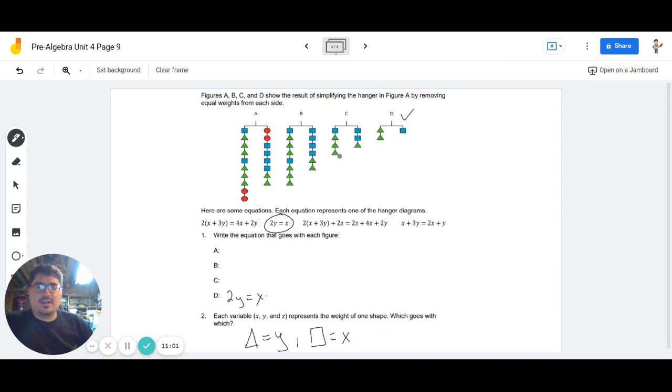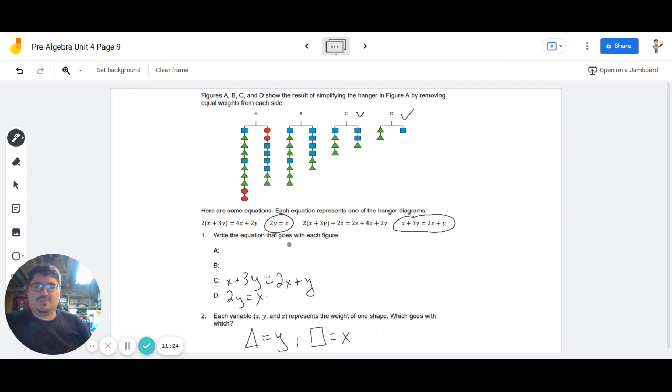Next, we look for 3y's plus an x equals 1y plus 2x's. And that's this one right here. Okay. So that's going to be x plus 3y equals 2x plus y.